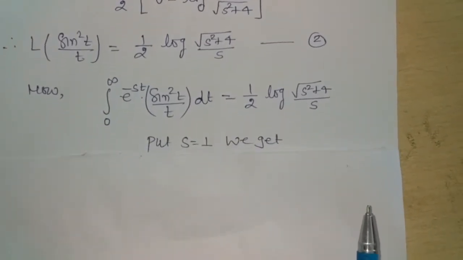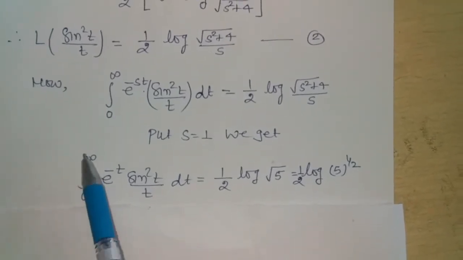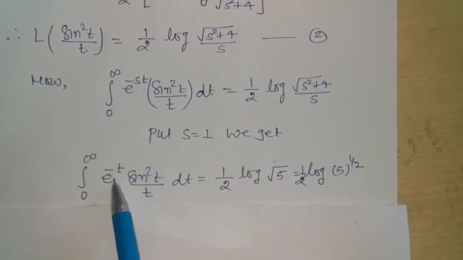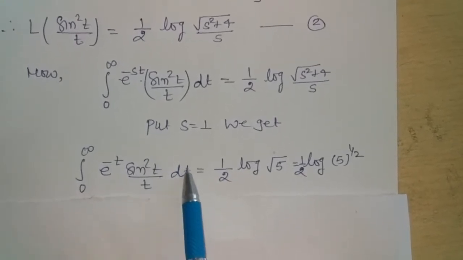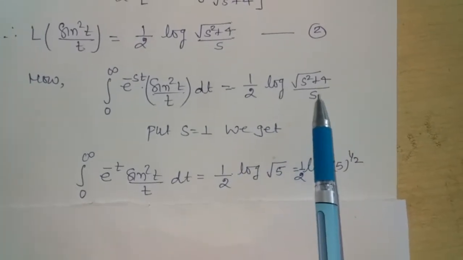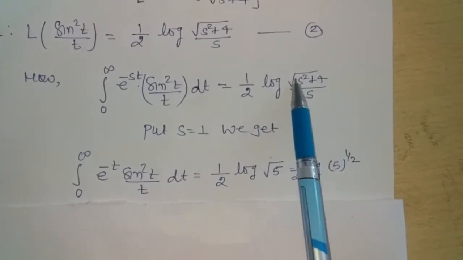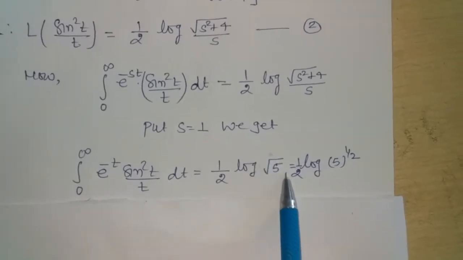So put s equal to 1, we get the integral from 0 to infinity of e raised to minus t sin square t by t dt equal to 1 by 2 log of square root of 5, since s is 1.